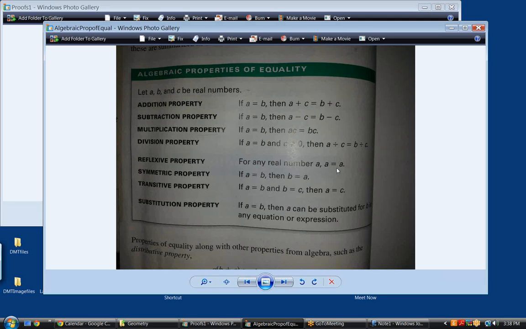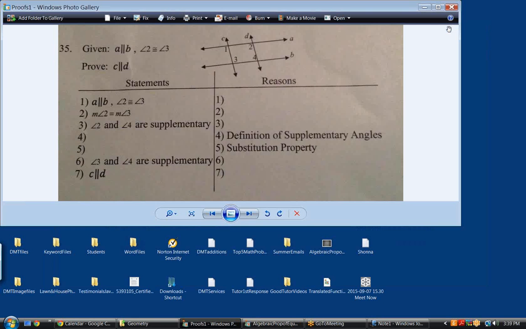Might sound silly, but that's a property. Symmetric property means that you can reverse. If A equals B, then B equals A. We've gone over this a fair bit during class as well, so you are familiar with those. So let's set those aside for a moment and see if we can do this 2-column proof.